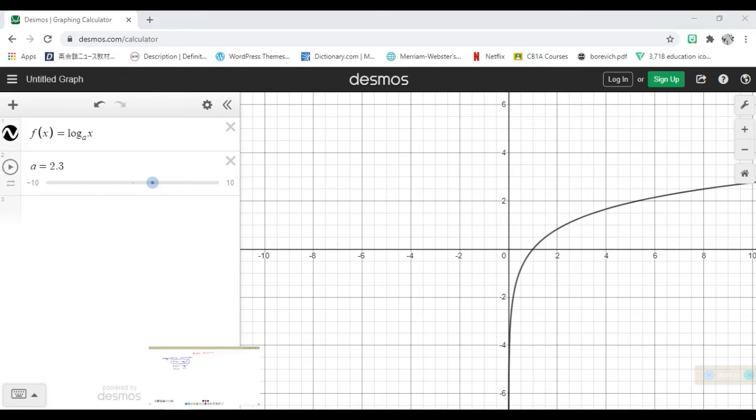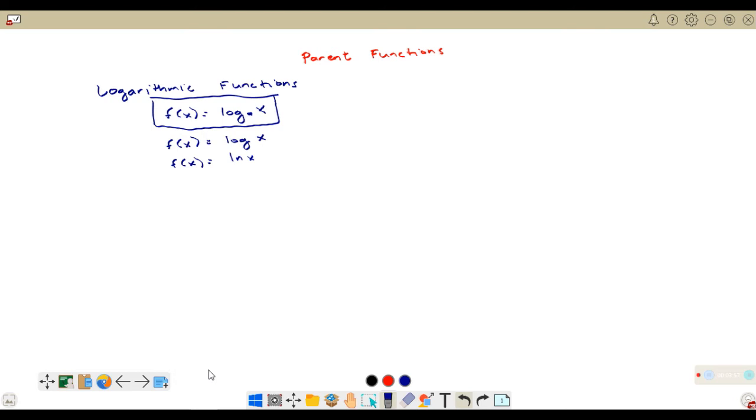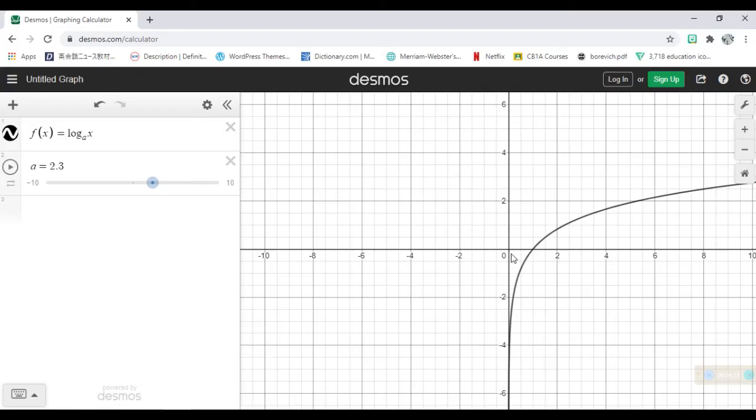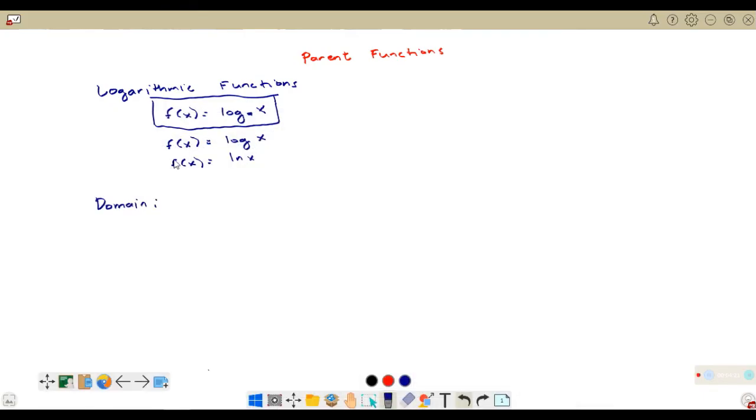Now, let's complete our table here since we already know the graph of our function. So, for the domain, as I've said earlier, you cannot substitute any value of the negative x-axis for x. So, it'll be from 0 to the positive infinity.